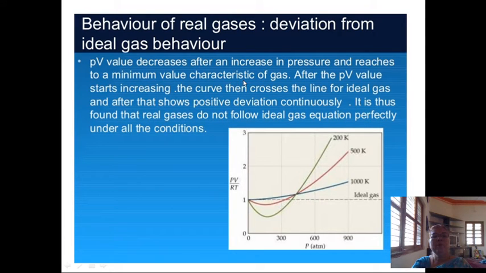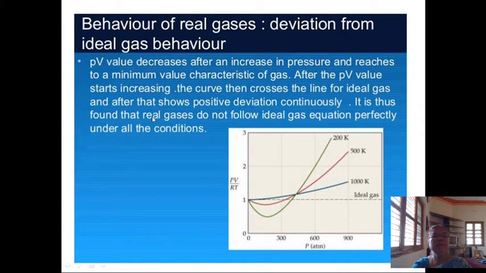That minimum value is the characteristic of gas. After that the PV value starts increasing, the curve then crosses the line for ideal gas, and after that shows the positive deviation continuously. That means these PV values are greater than the ideal gas PV values.